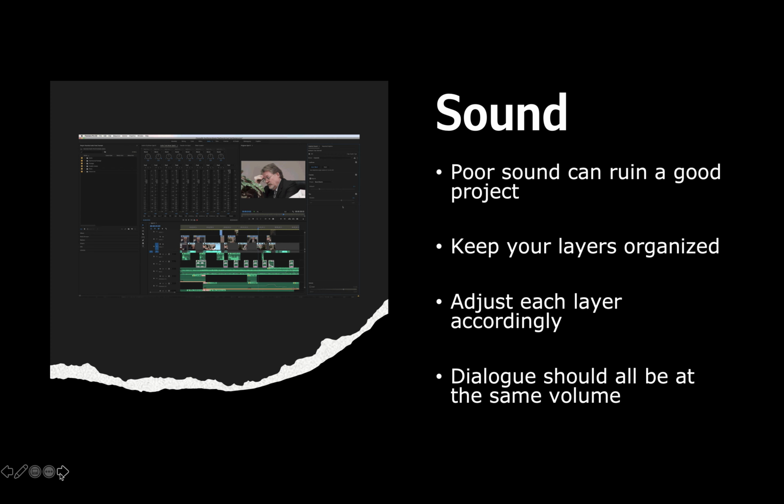So just because you adjusted nats in one shot does not mean that equates across the board, unless you select the entire audio line and turn down your gain. So your nats should be at the same volume, with the exception of nat pops, music enhancements and things like that. But your dialogue volume should be the same.